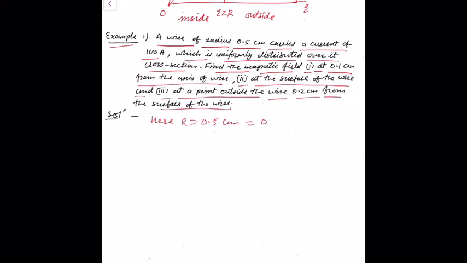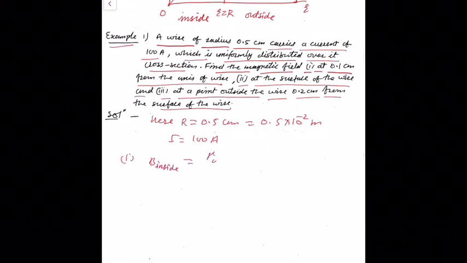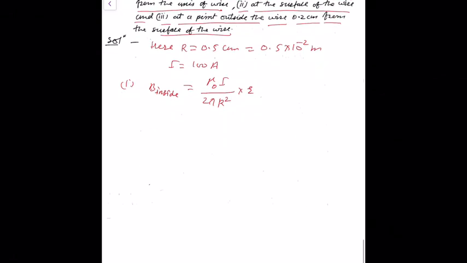capital R given 0.5 centimeter means 0.5 into 10 to the power minus 2 meter, and I is equal to 100 ampere. So first, B inside is mu naught I upon 2 pi R square into small r.